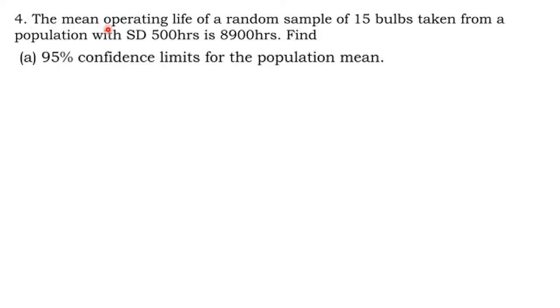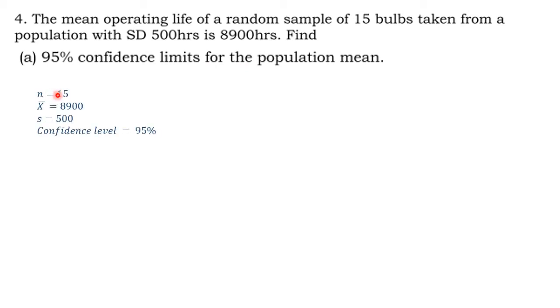Number 4, the mean operating life of a random sample of 15 bulbs taken from a population with SD 500 hours is 8900 hours. Find part A, 95% confidence limits for the population mean.